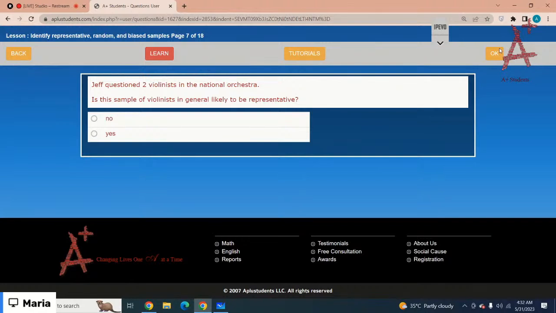So, the data would be... okay, no, that would not be representative. So, that would be biased data. That means the correct option is no.